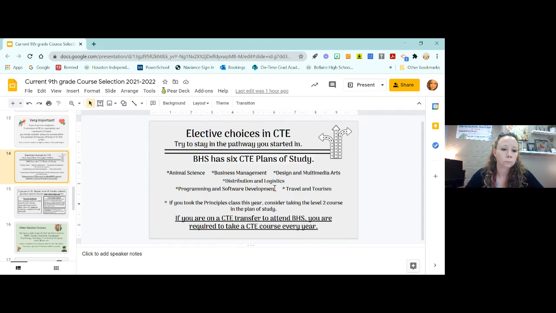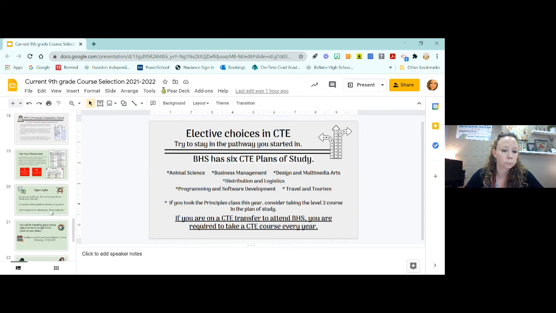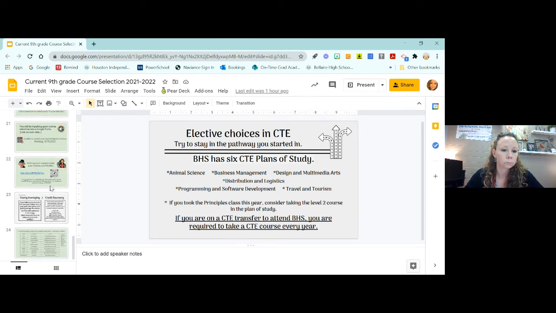A couple of questions: if they're in PE, can they take another year of PE? Some of them have really liked their electives. They're asking if they can take the same elective for a second time. It kind of depends. If it's the same exact class, no, you can't. But if it's a CTE class, you can take the second level of the same plan of study.